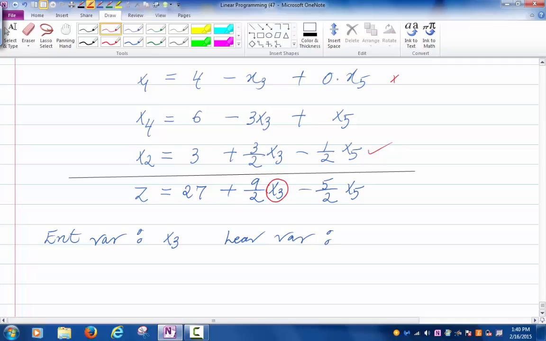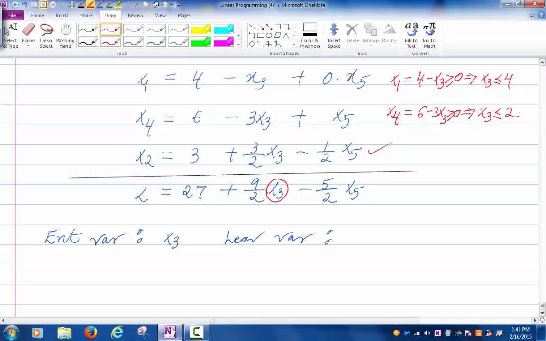Now I'm going to say, well, x1 is equal to 4 minus x3, and that needs to be larger than 0, which tells you that x3 is less than 4. The second one is x4 is 6 minus 3x3, non-negative, implies that x3 is less than 2.